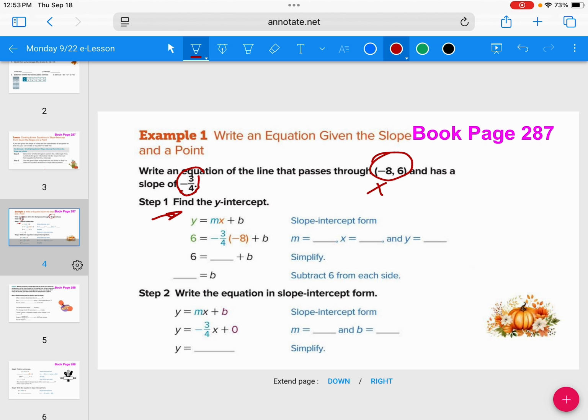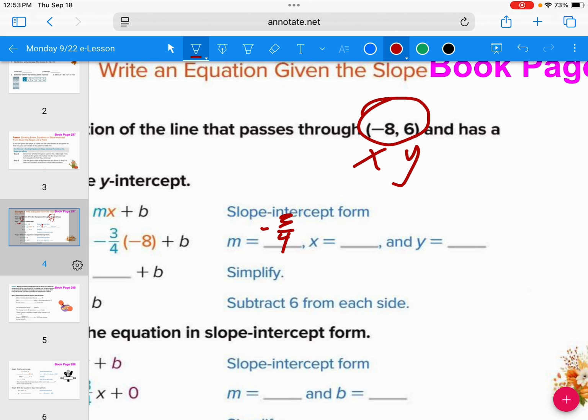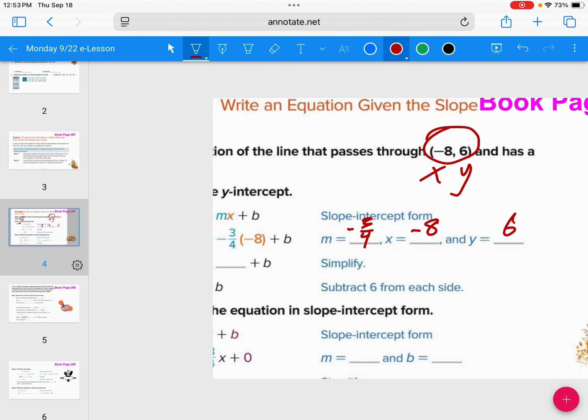So I've got my x and I've got my y, so I'm just going to insert those into this equation. y is replaced with 6, -3/4 is the slope that we already circled, and x is replaced with -8. And we haven't figured out b though, so we're going to solve this now to find out what b is. In this case, m equaled -3/4, x equaled -8, and y equaled 6.